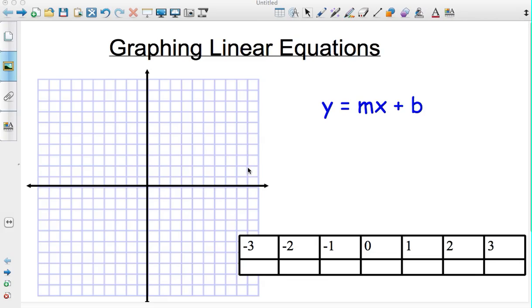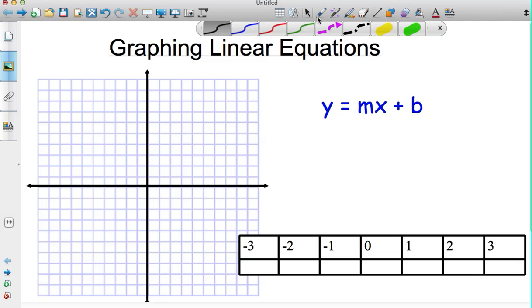Here's what you need to put in your MJ: you'll want a coordinate grid with all 4 quadrants. Each line is going to be represented by 1 unit. So for example, this would be a 1 right here. This is a 2 right there, and so on and so forth.